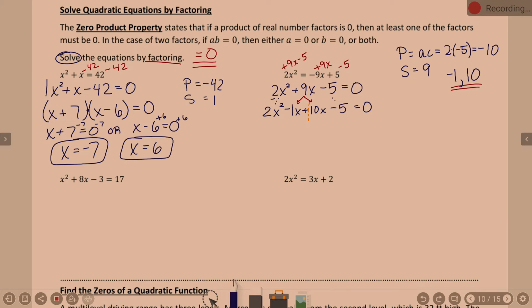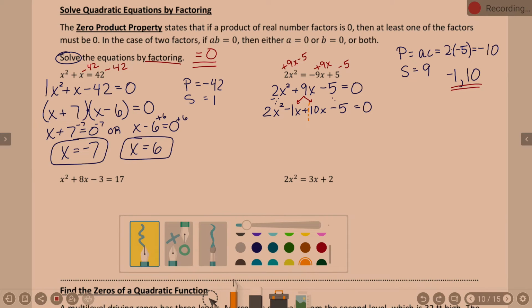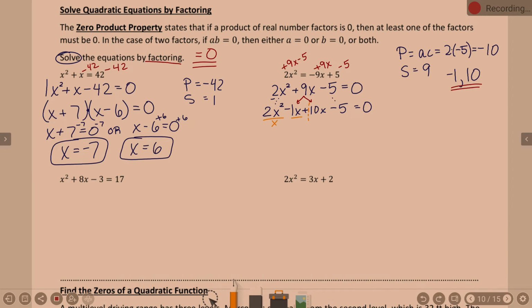Now, if you want a visual, basically we're going to divide both of these terms by x. You don't have to write that visual there if you don't want to. Importantly, we're factoring that x out, so put it out front. 2x squared divided by x is 2x. Minus 1x divided by x is minus 1, right? You have to put something there. You don't get to leave it blank.